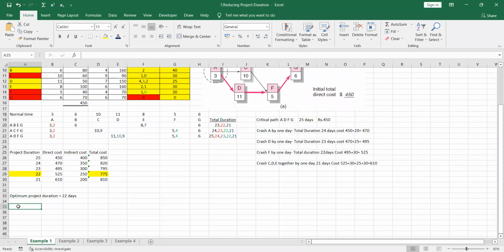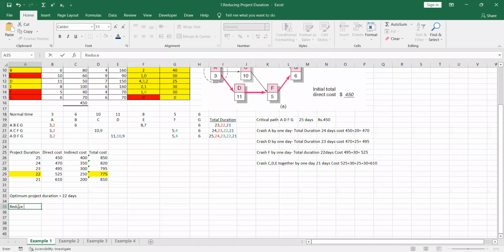So the first type of question that I can ask is, what is the optimum project duration. The second type of question that I can ask is you have to reduce your project duration as much as possible. So what is the time that you can crash or reduce the project duration as much as possible?